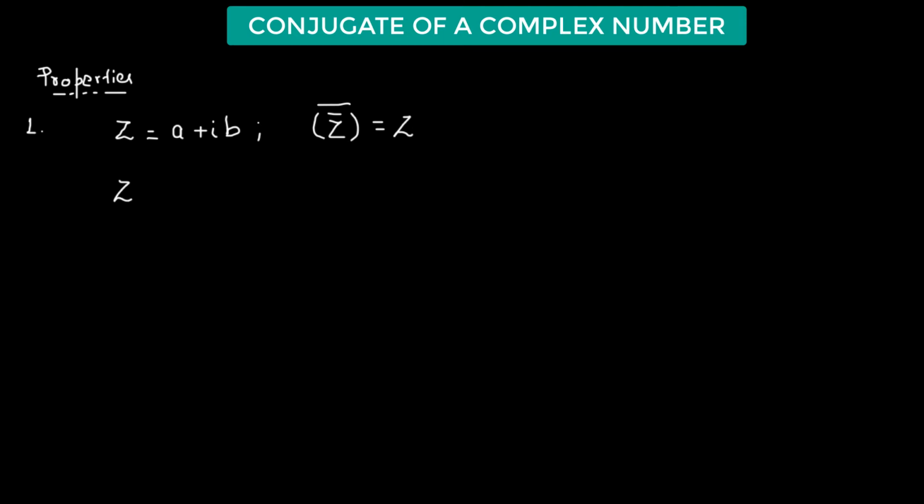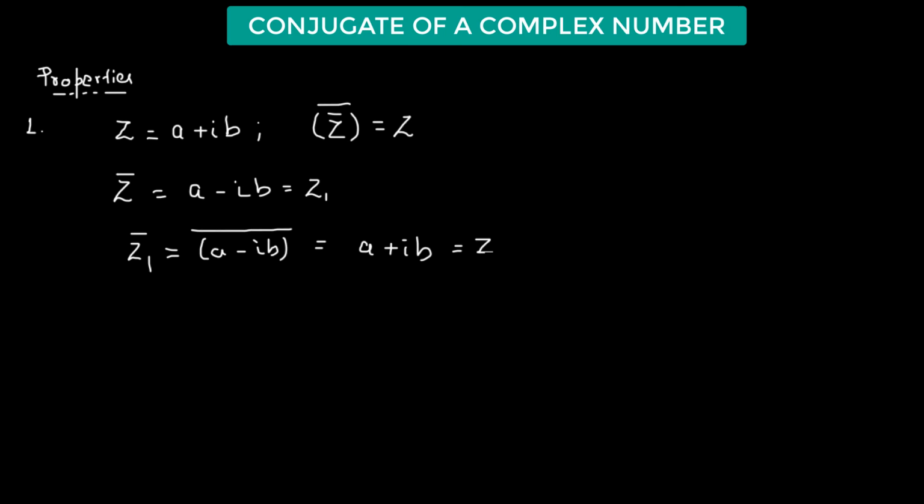Let's find out. The conjugate z bar is a - ib. Let's call it z1. Now we take the conjugate of z1, which is the conjugate of a - ib, and we replace i by negative i, so that becomes a + ib, which gives us the original complex number z.